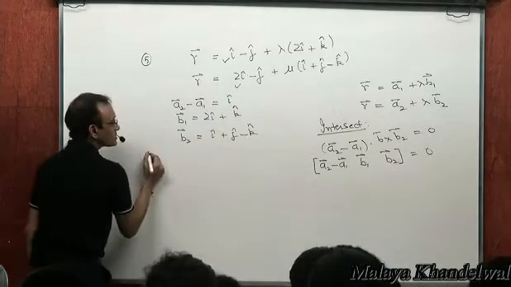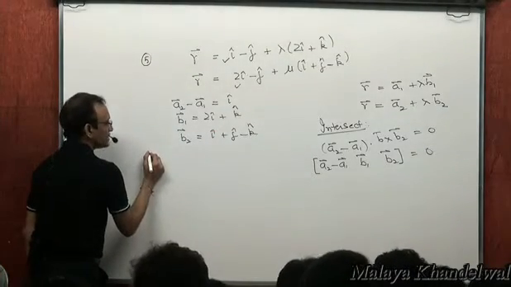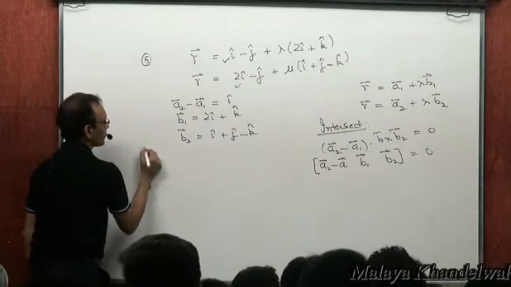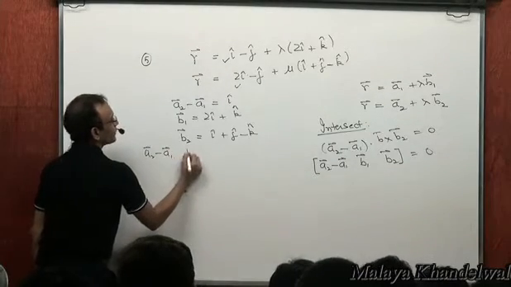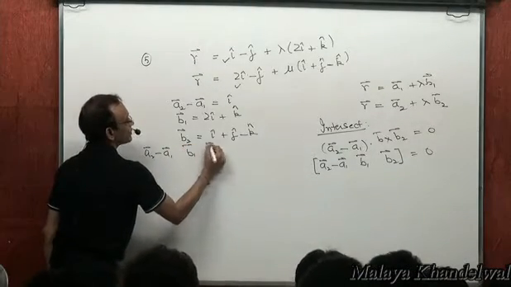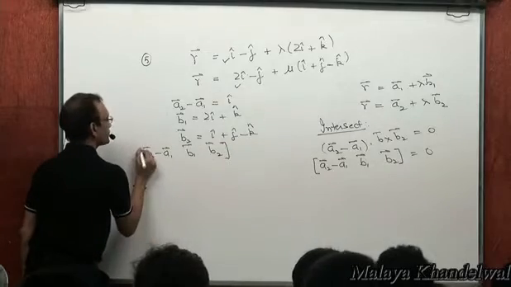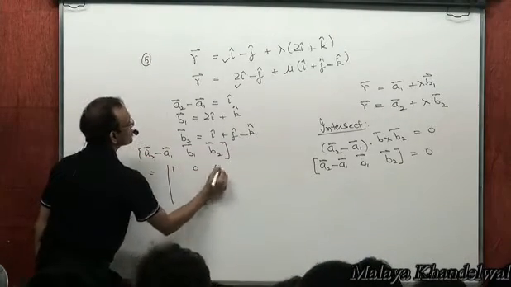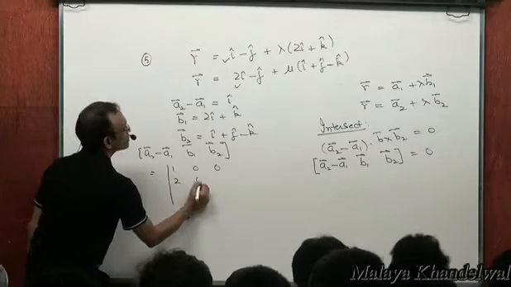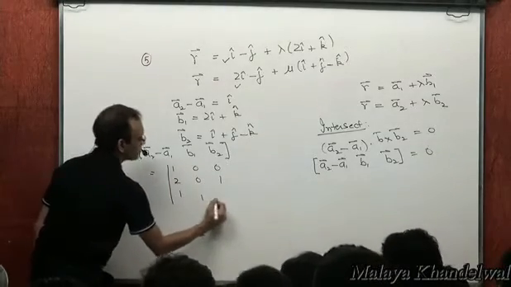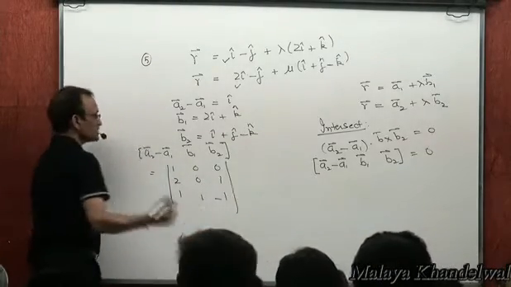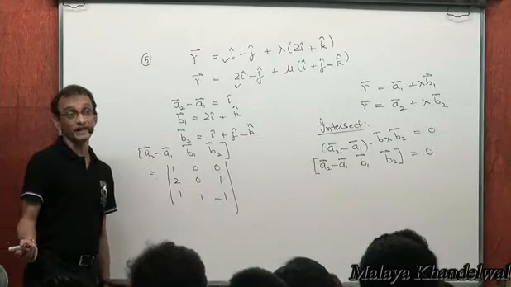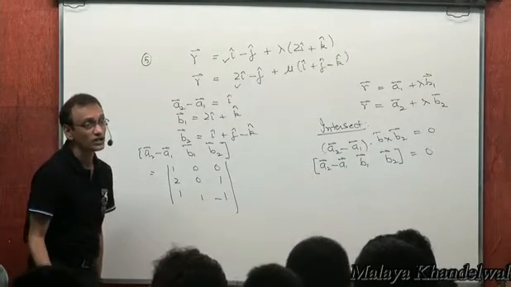That means scalar triple product a2 minus a1, b1, b2 is given by a determinant. What determinant? It will be 1 0 0, 2 0 1, 1 1 minus 1. That's the determinant. If this is 0, then the two lines intersect. If this is not 0, the two lines don't intersect.